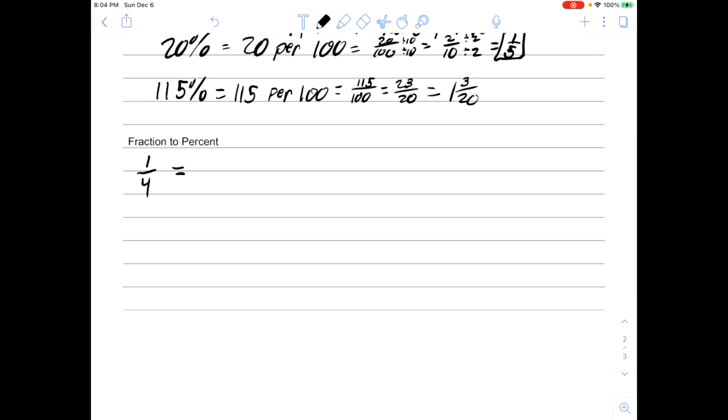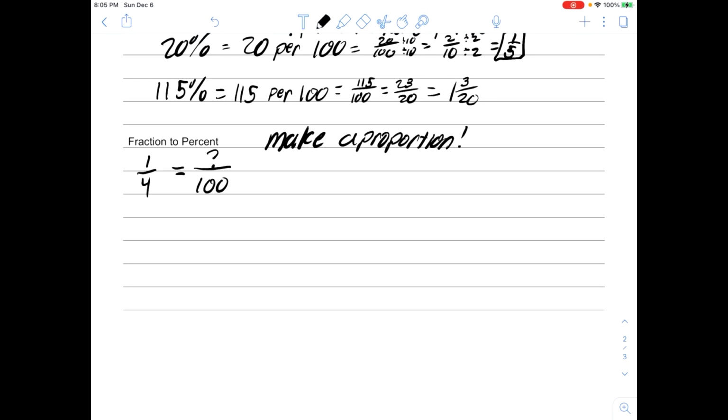That means I want to know what this is over 100. Now I recognize this. This is a proportion over 100. Okay? Now that I have a proportion, I can solve this.